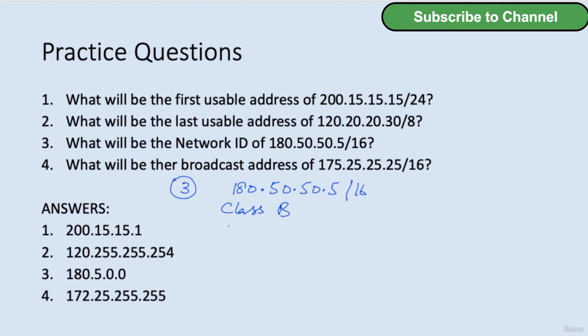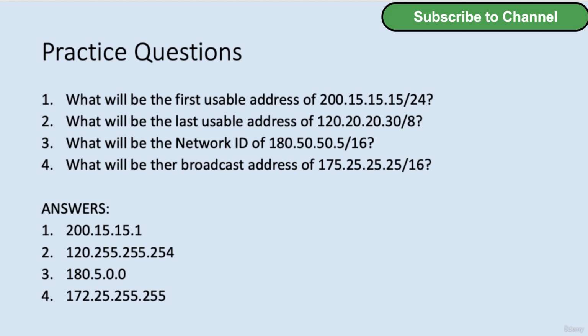So the network bits are 16, host bits will be 16, it means the last two octets. So for the network ID, we have to change the last two octets into zeros. Okay, so the network ID will be 180.50.0.0. So this is the answer of our question.